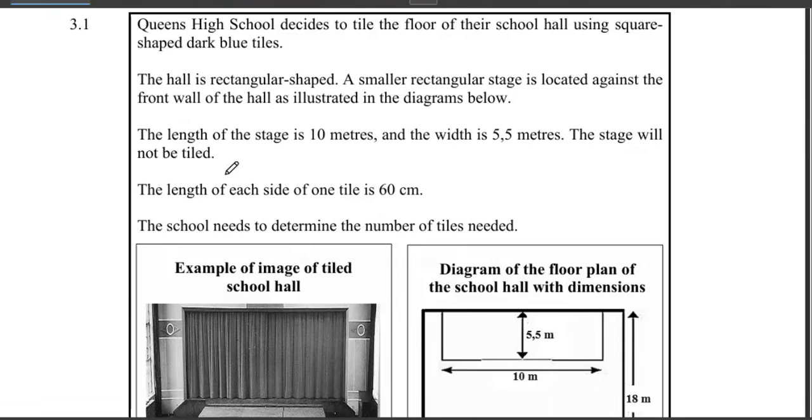The length of the stage is 10 meters and the width is 5.5 meters. The stage will not be tiled. The length of each side of one tile is 60 centimeters. The school needs to determine the number of tiles needed.